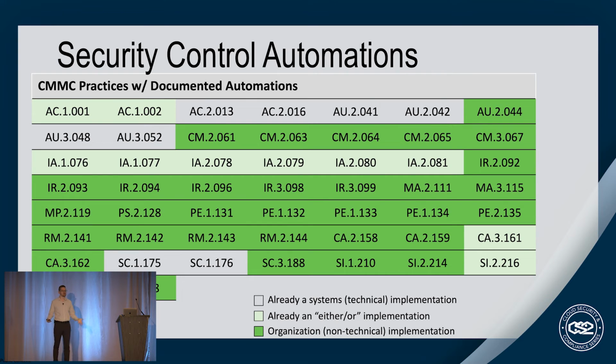So just using that as our baseline to find fertile ground for potential automation, these are the CMMC practices where we see that included.